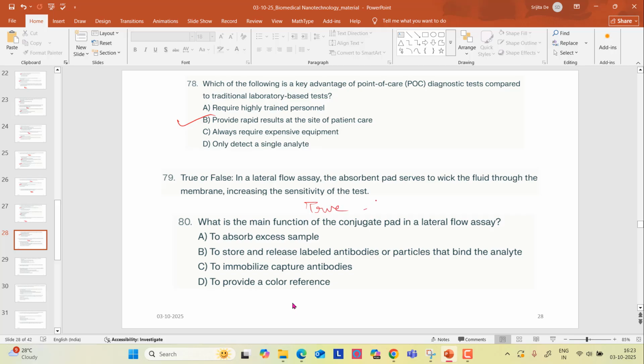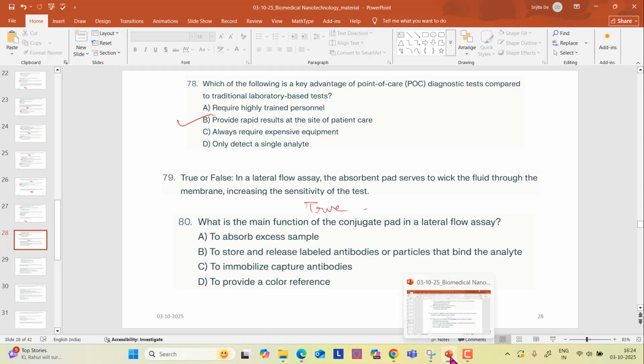What is the main function of the conjugate pad in a lateral flow assay? To absorb excess sample, to store and release labeled antibodies or particles that bind the analyte, to immobilize captured antibodies, to provide a color reference.